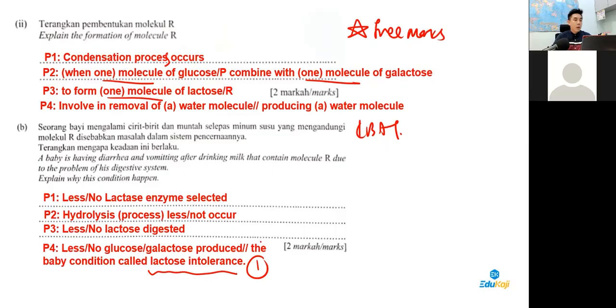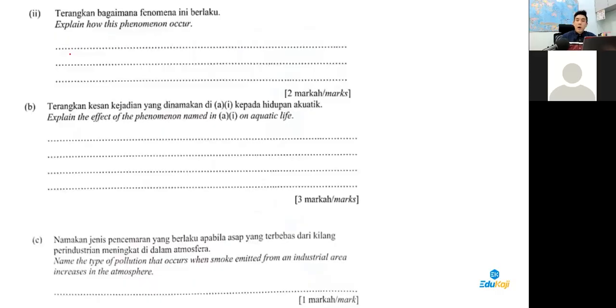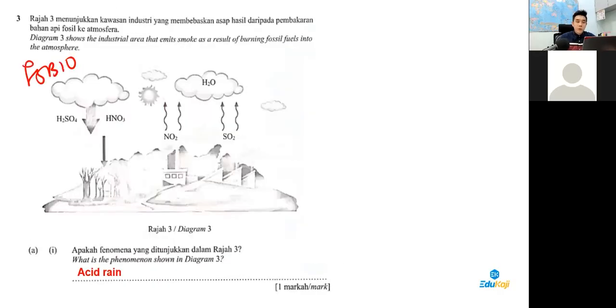Question number 3 is from Form 5, Chapter 10. What is the phenomenon? Acid rain, very obvious. How did this happen? Good news, just copy here.